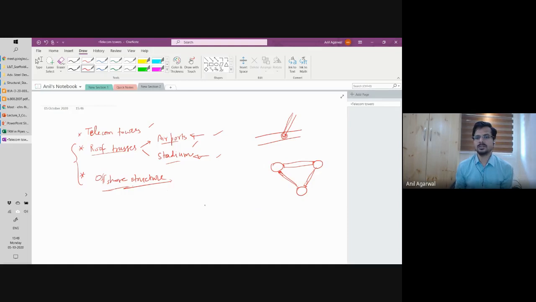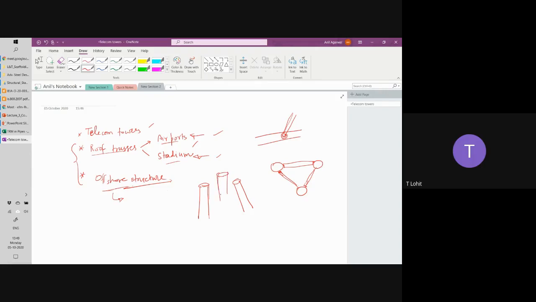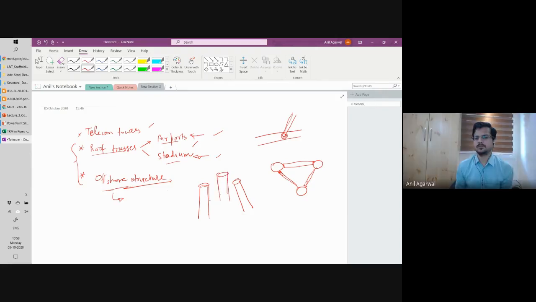Similar kind of thing is done in offshore structures also. Offshore structures have heavy tubes, and there the efficiency matters. Can anybody tell me why they use hollow tubes in offshore structures? Offshore, you understand, right? They are submerged into water. Why would they prefer to use hollow sections?